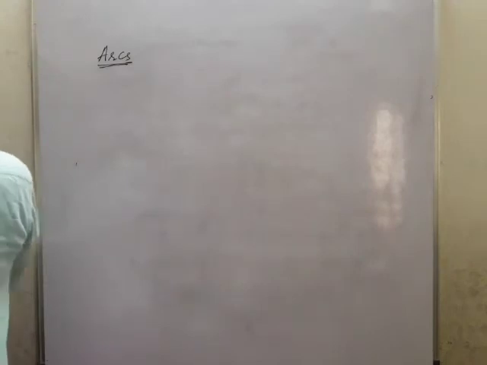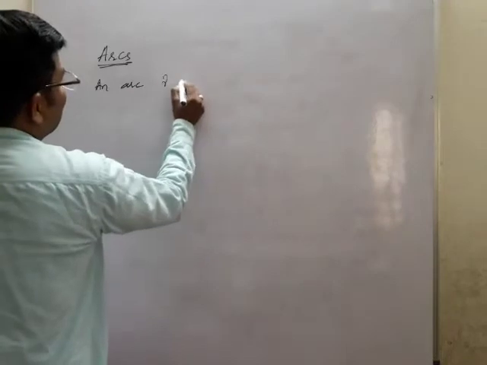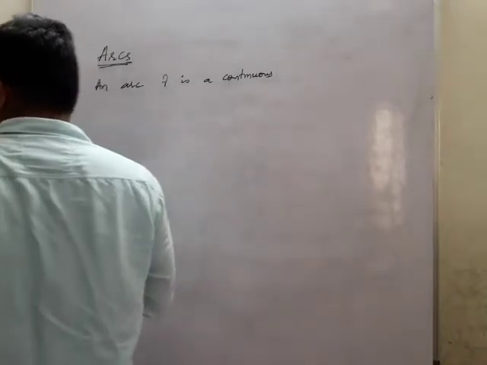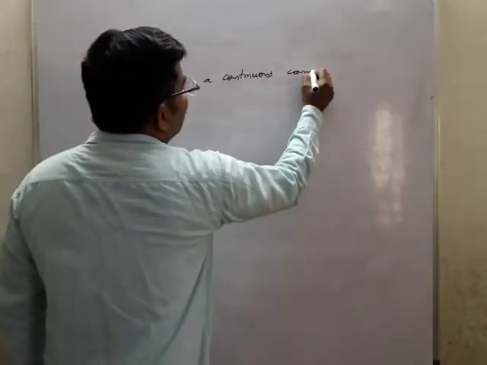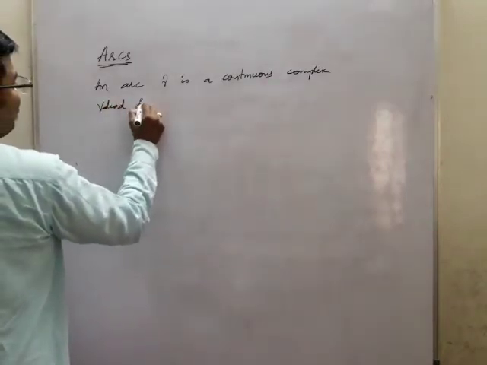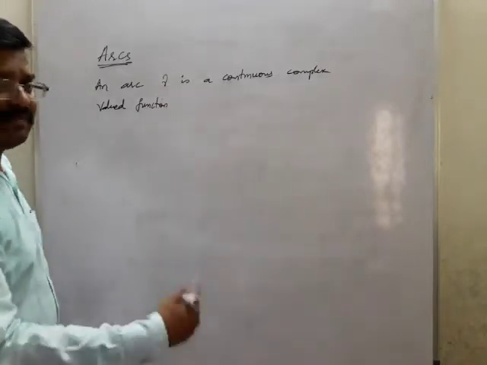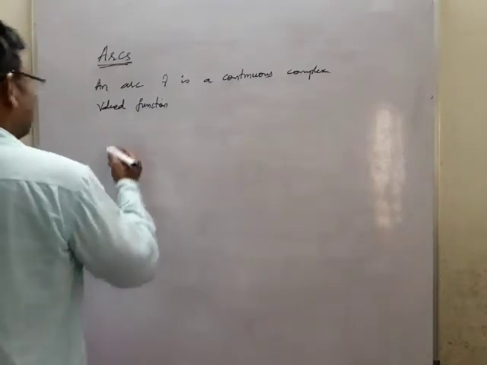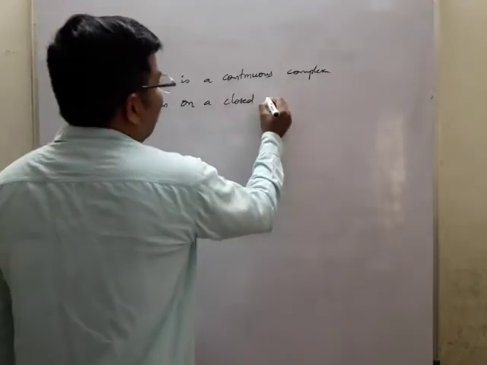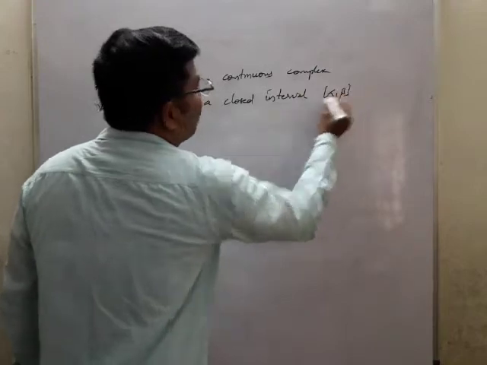An arc gamma is a continuous complex valued function on a closed interval alpha comma beta.